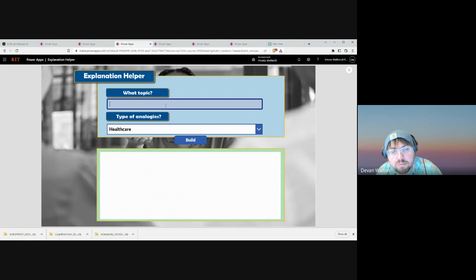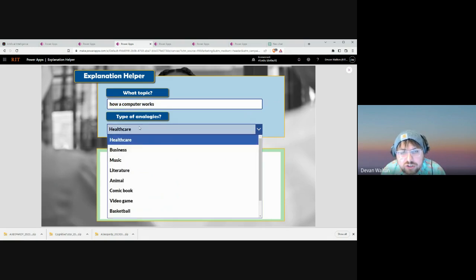The purpose of this tool is to help us utilize those schemas, analogies, and metaphors that we wouldn't be familiar with to connect our content to the students in a way that they can understand. So let's go with the example that I had, like how a computer works.